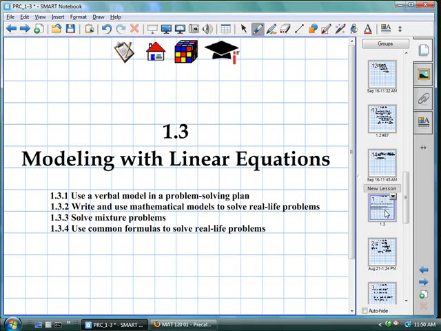It says writing and using mathematical models to solve real-life problems. This is always a big one, solving mixture problems. And number 4, using common formulas. I suppose that means maybe the circle formula, the Pythagorean, things like that to solve. So there's a lot of emphasis on problem solving here.